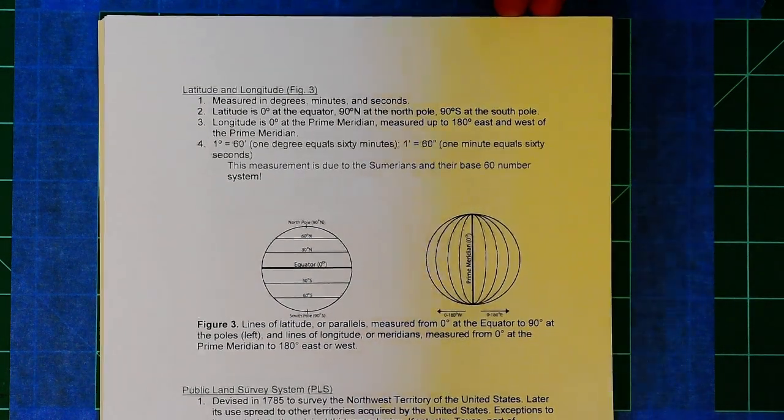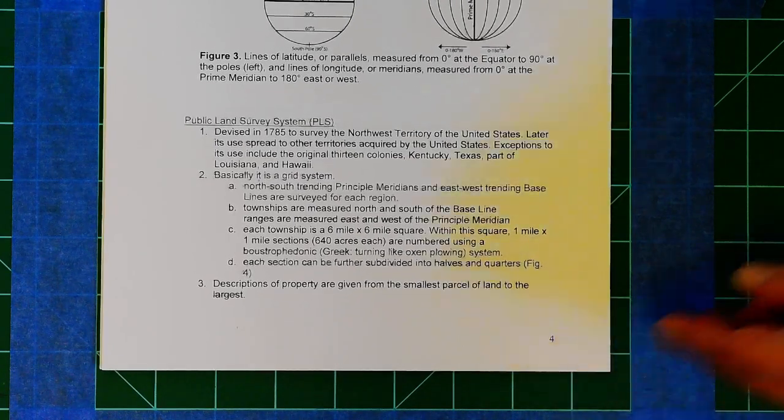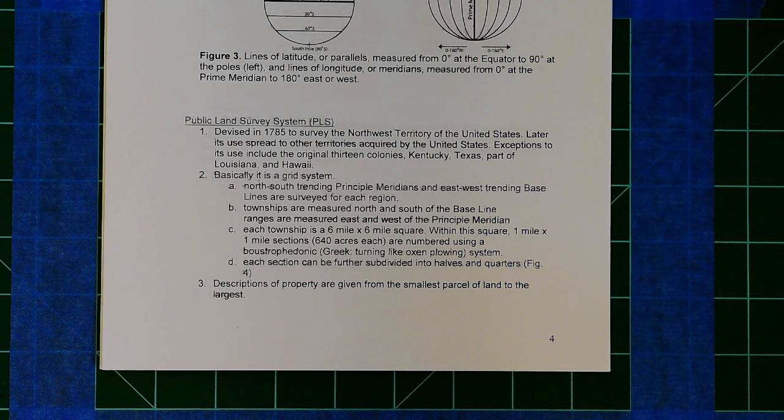Now, another way of locating land is the Public Land Survey System. And I go over this because if you buy property in many of the states of the United States, your deed will actually list your property location using this system.